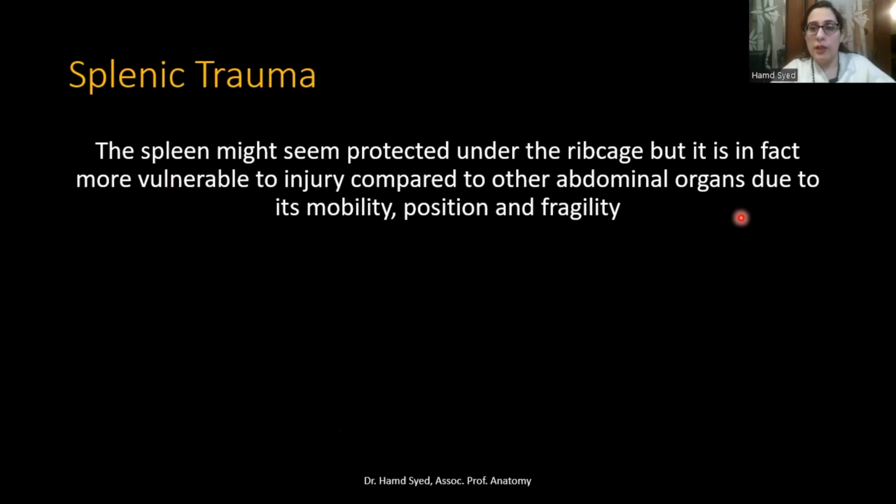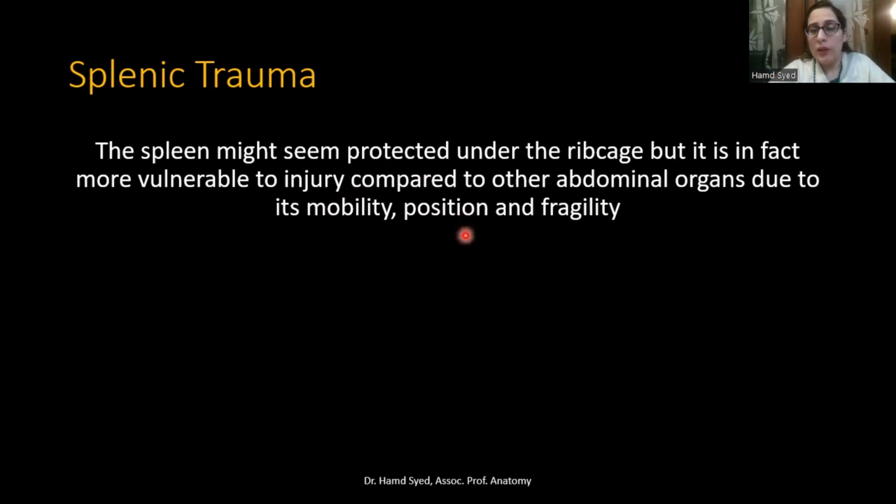Let's talk about splenic trauma. Now, if we consider the anatomy of the spleen, we might think that this is an organ which is protected under the rib cage, but it is in fact more vulnerable to injury in comparison to the other abdominal organs. Now, there are multiple reasons behind that. One of those reasons is that it is a mobile organ. It has two ligaments, the gastrosplenic and splenorenal ligaments.